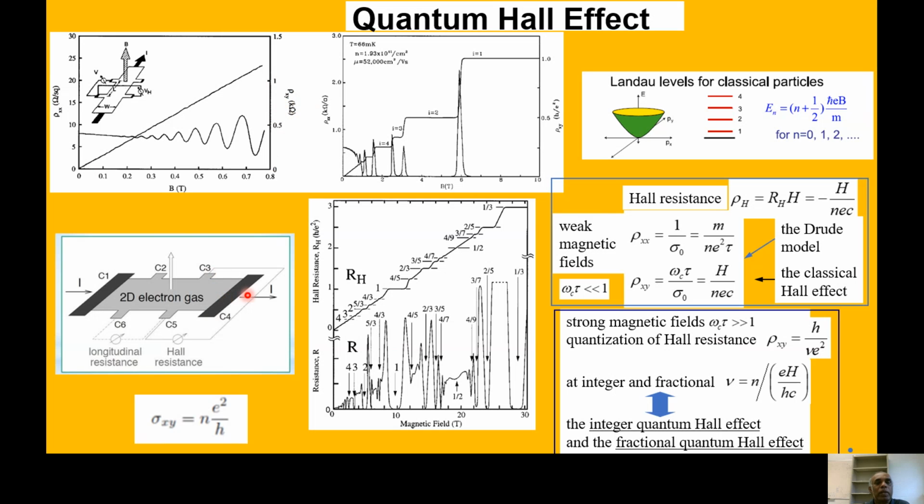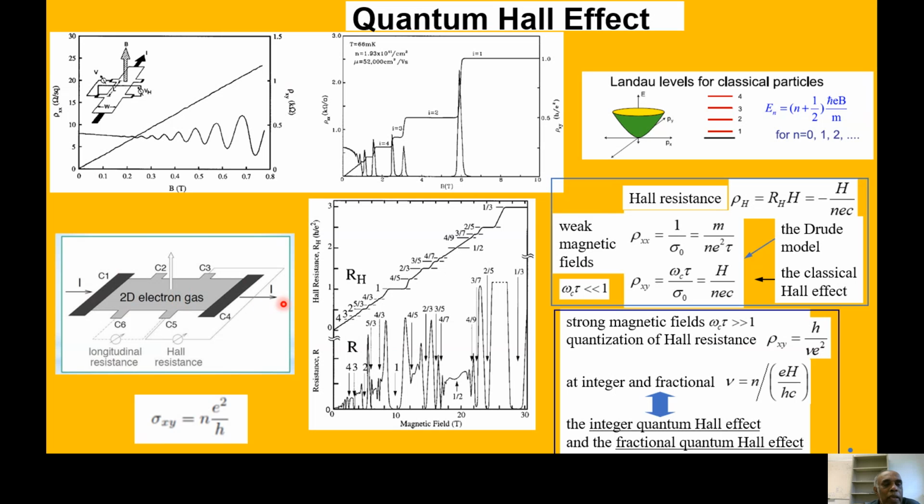You have to understand what xx and xy are. If I have current in this direction, that is the x direction, and I measure my voltage in the same direction, so that means your x and v are in the same direction, then what we are measuring is rho xx.